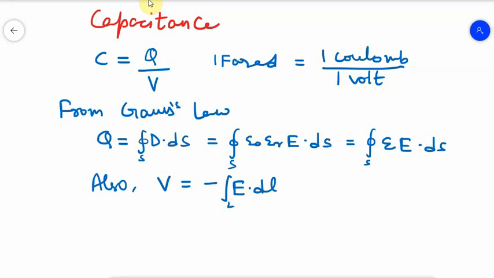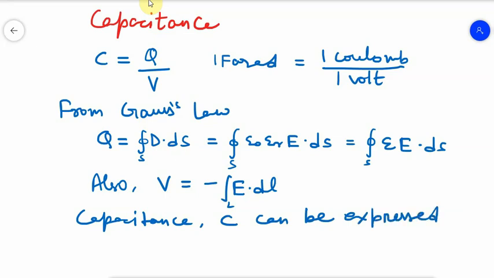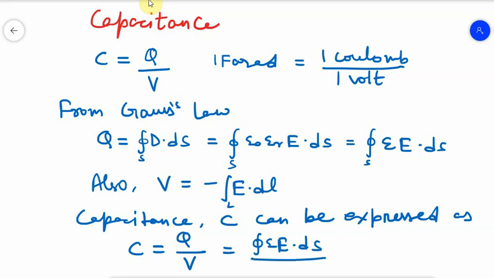So the capacitance can now be expressed as C equals Q upon V. We have this Q and this V, so we can write the capacitance C as the integral of epsilon E dot dS upon the integral of E dot dl.